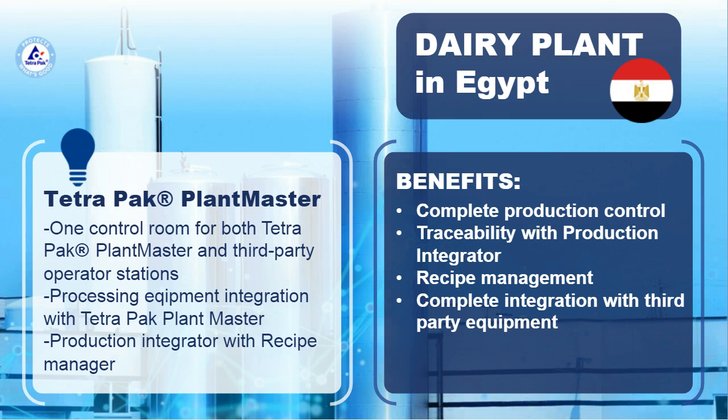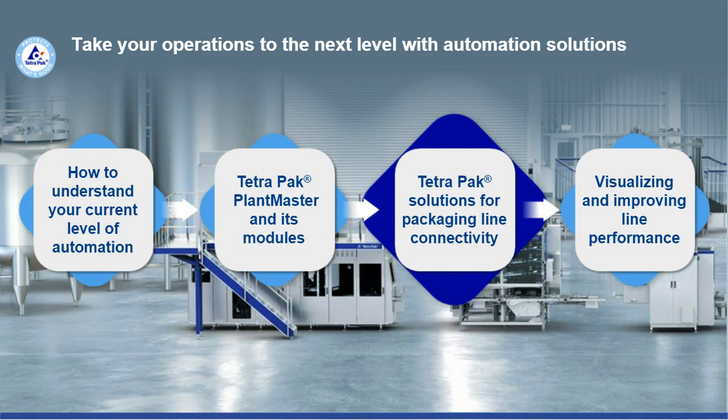We integrated third-party equipment, and packaging and processing equipment was also integrated into one system. I hope it was useful for you to understand what we mean by Tetra Pak PlantMaster and automation upgrades.